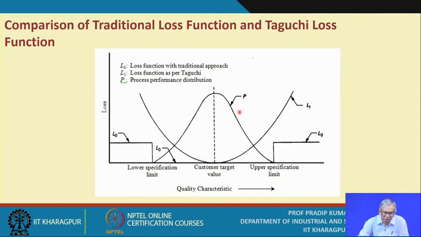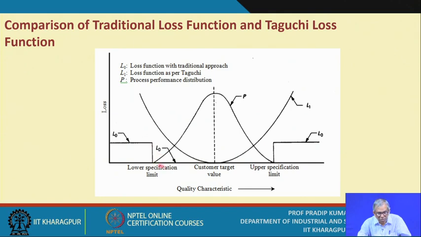If you believe in achieving the target, maybe 70% of the units you are getting are within plus minus 5% or plus minus 10% from the target. So obviously it is indicative of improved performance.